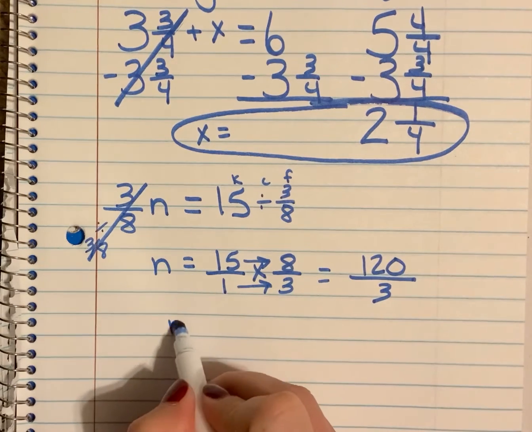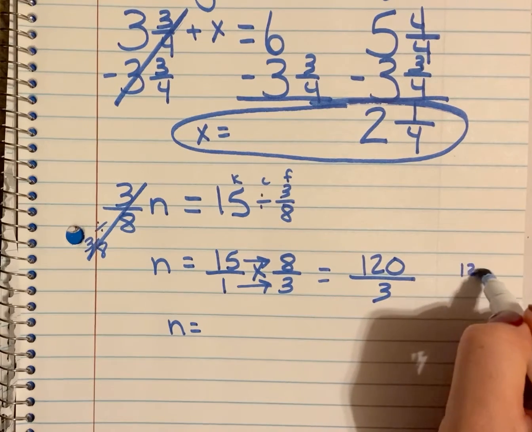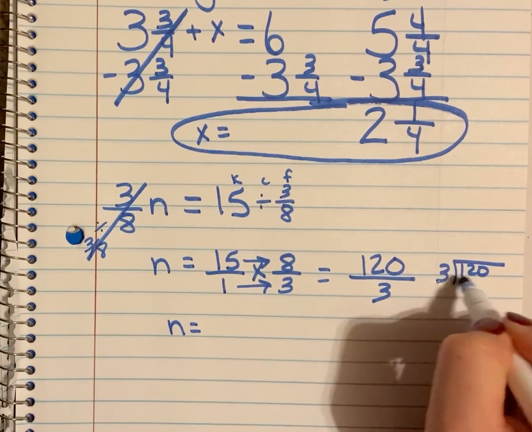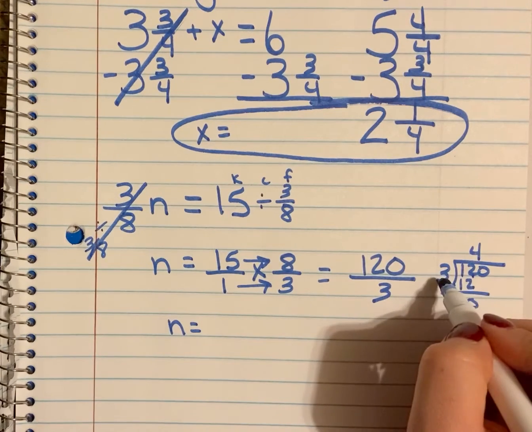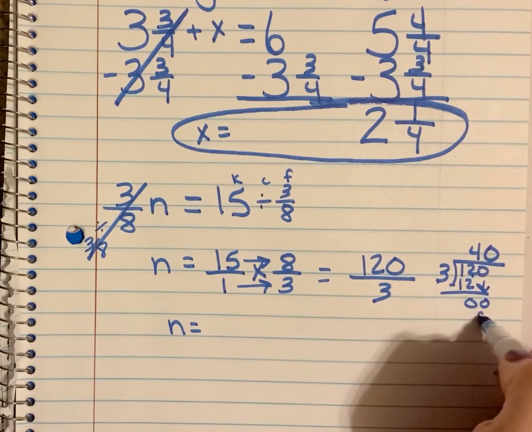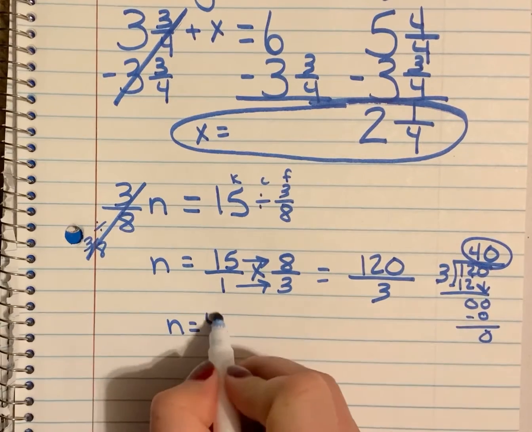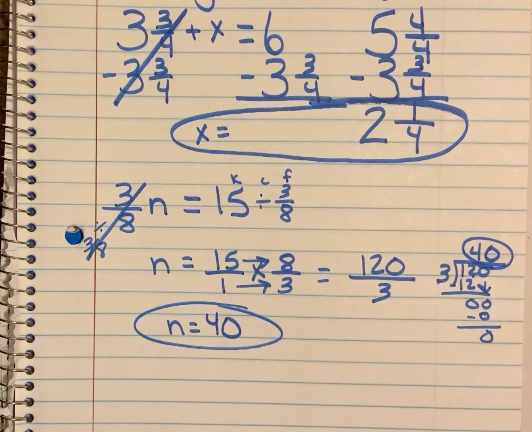So we're going to come down here and we're going to say 120 divided by 3. 3 will go into 12 4 times. 3, bring down our 0. 3 times 0 is 0. N is equal to 40.